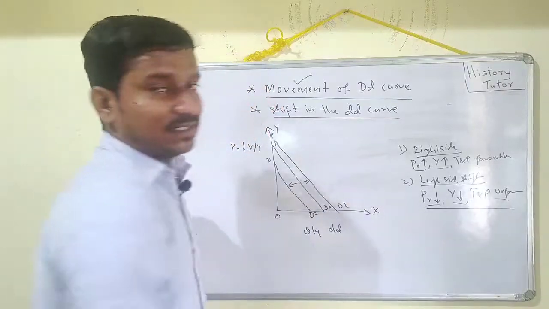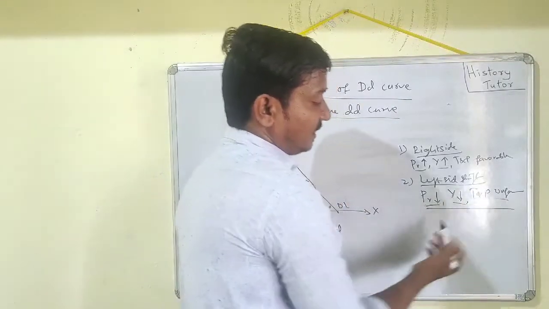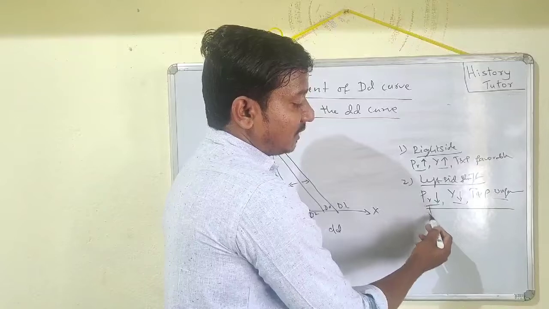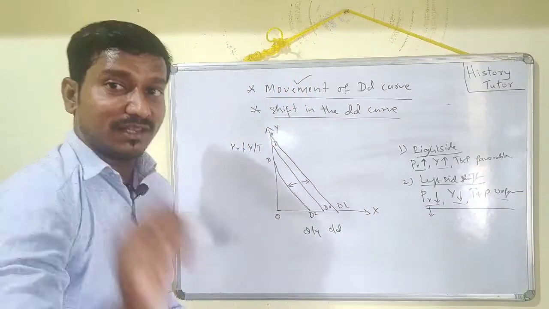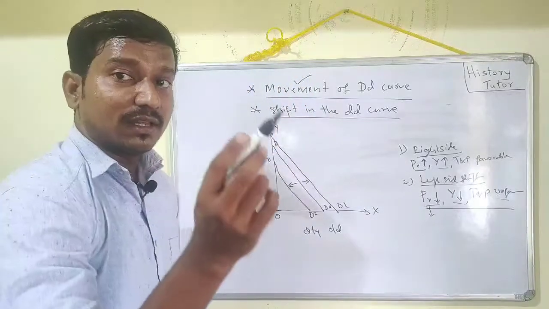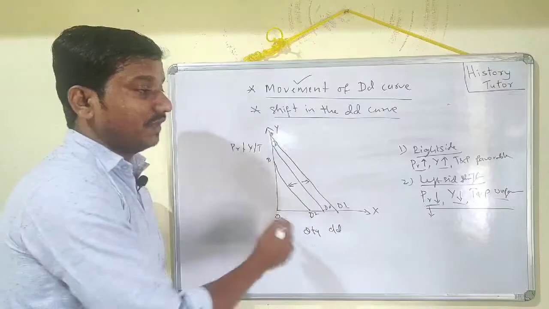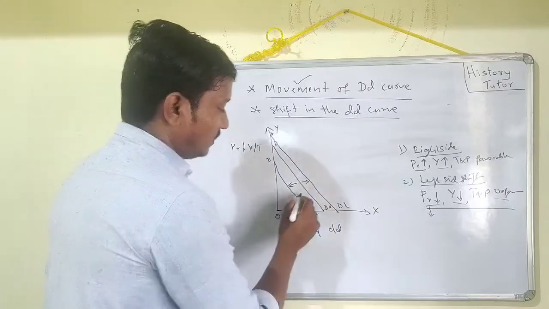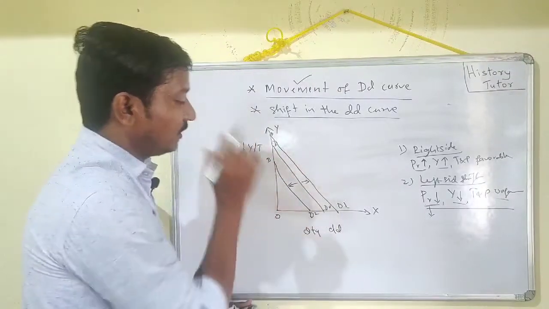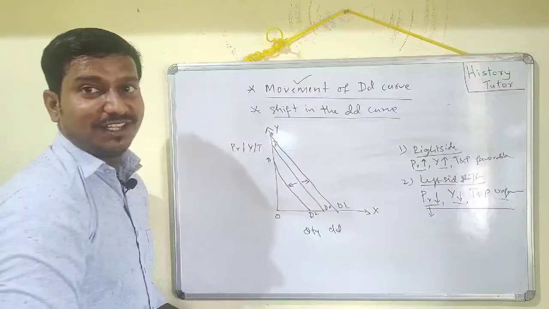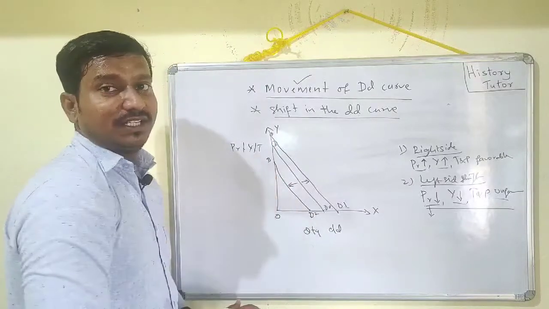So he purchases less. In all these three cases, the consumer is going to purchase less, which means the demand curve is going to shift to the left side. Well, so this is how we see the shift from DD0 towards the left side, that is to DD2.